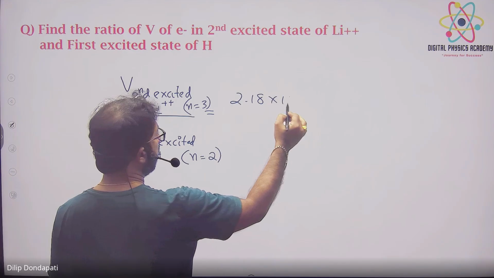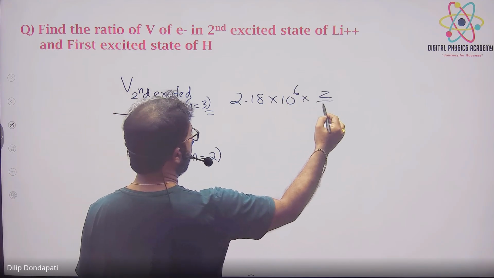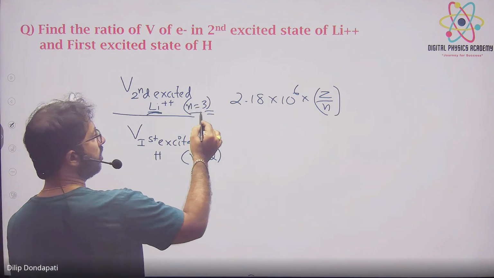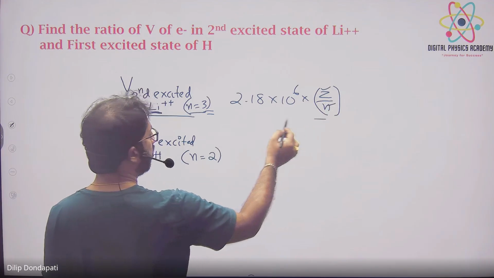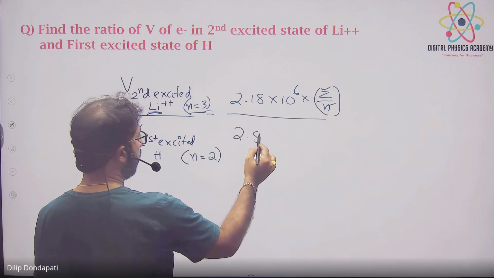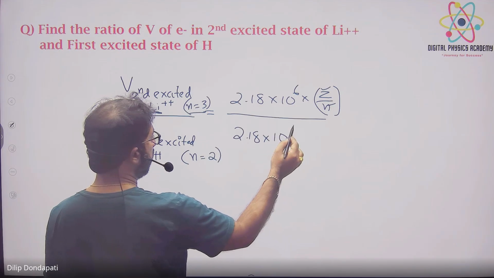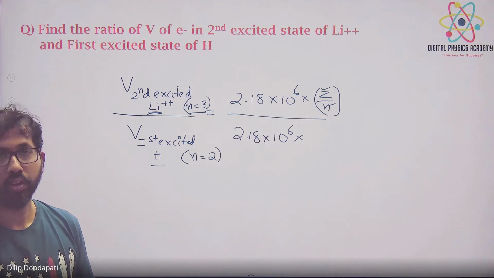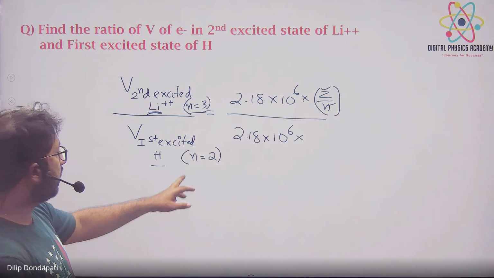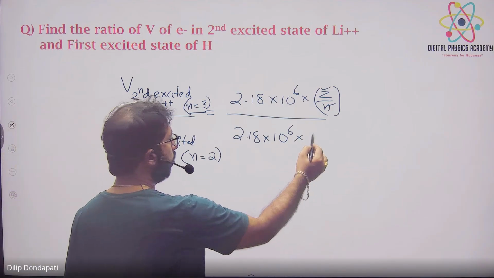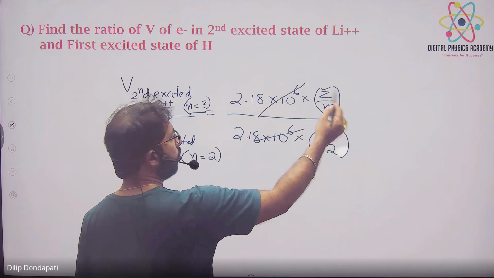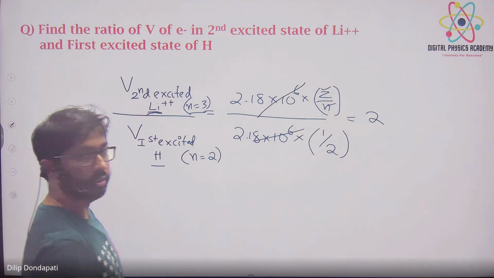So here Z is 3 atomic number and n is also 3. So 3 by 3 is 1. Here 2.18 into 10 power of 6 into Z for hydrogen atom is how much? Atomic number is 1 and n is 2. So it's 1 by 2. So cancel. ये 1 है, ये उधर ऊपर गया था 2 है.